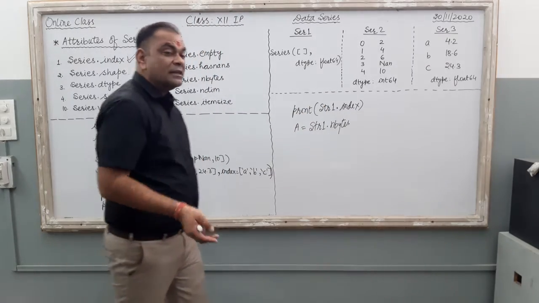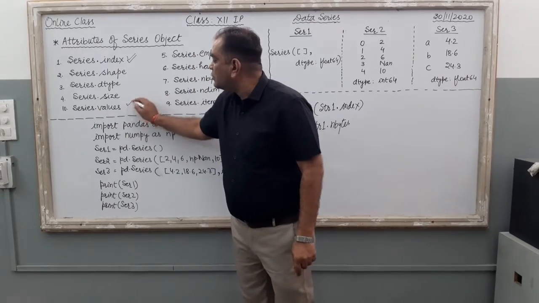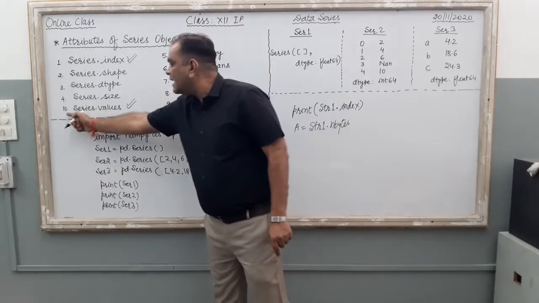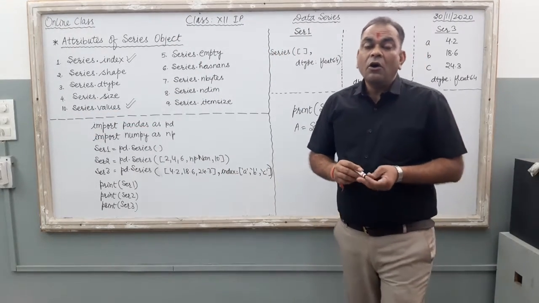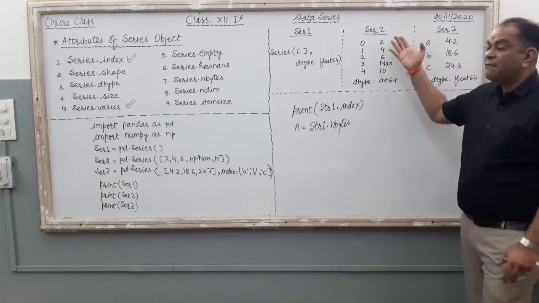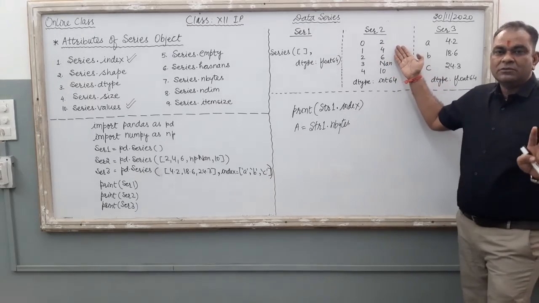The similar attribute is values. Just say series dot values. These two different attributes are there. First is index, and the second, number 10 position, is values. It will show only the data part of the series, right? If you print the series, it is a combination of index and values, right?